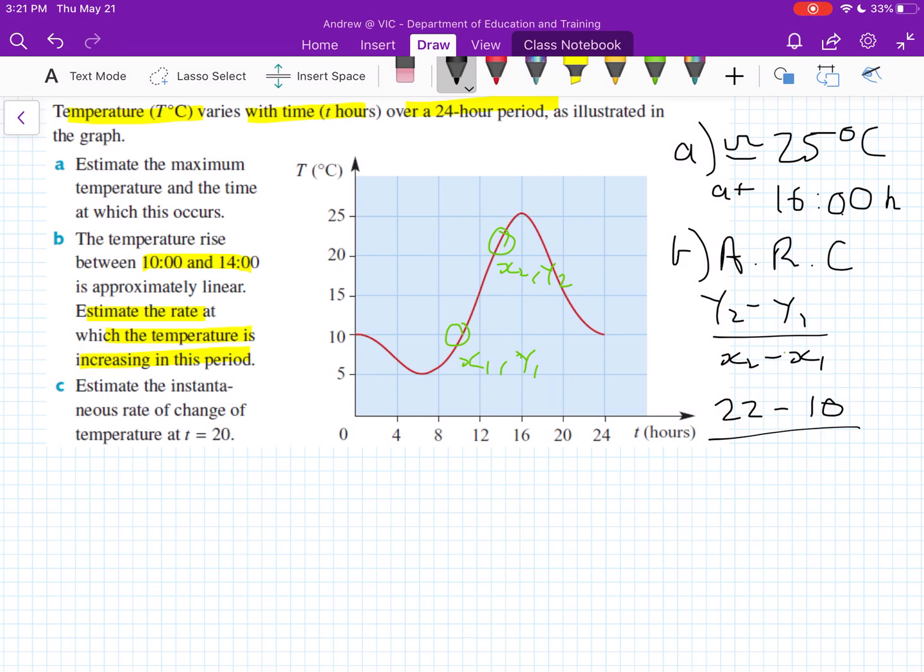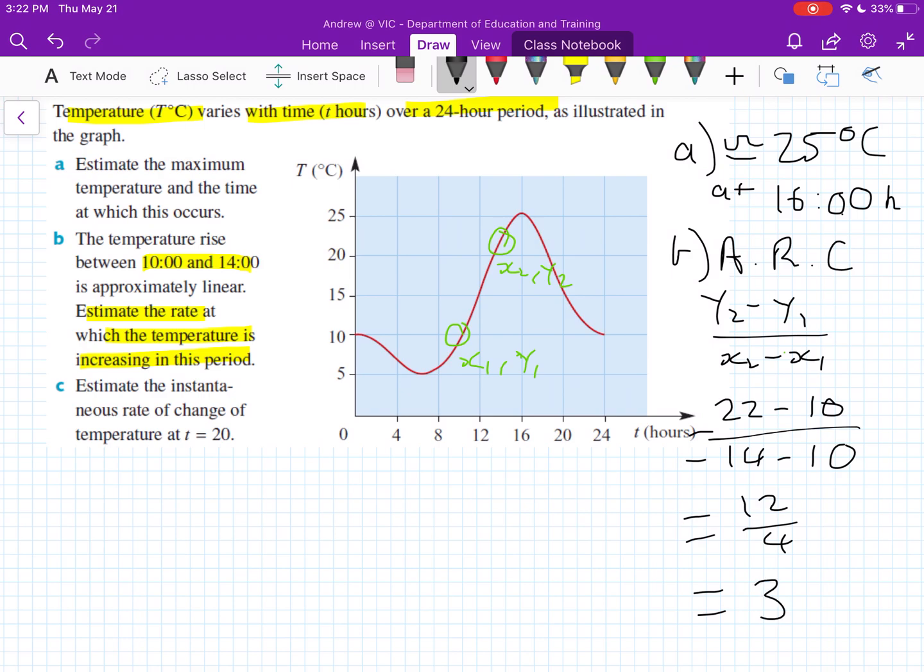Our x2, well, that's given in the question, so this will be exact. You won't have an estimate. So that's 14. Our x1 is 10. So this then is equal to 12 over 4, which is equal to 3.